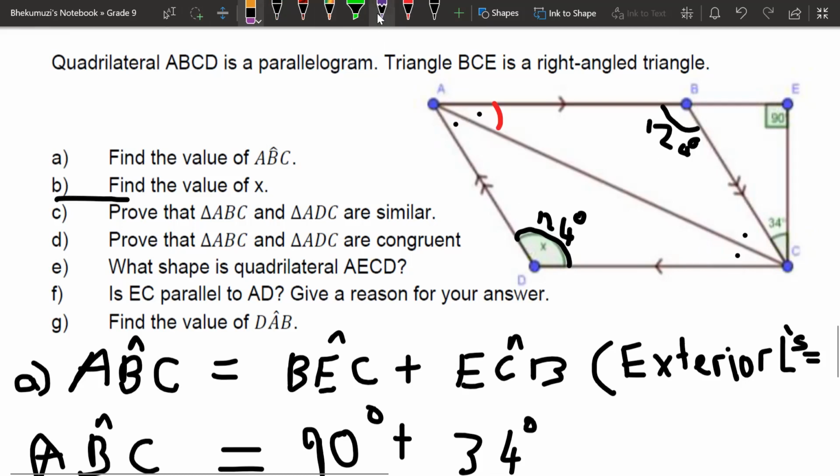Now, what we can notice firstly is, if we look at the red angle here, which is BAC. Now, BAC is equal to ACD. Why? Because they are alternating angles, because we have AB parallel to DC, which is something you learned in grade 8, alternating angles.